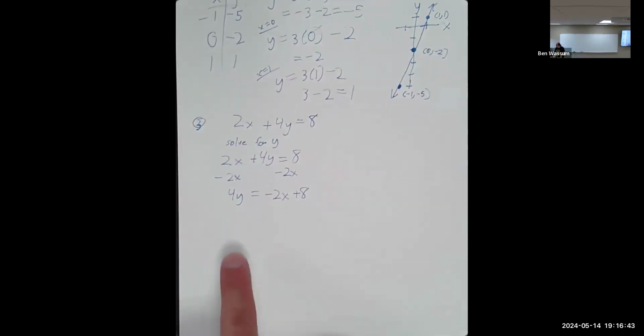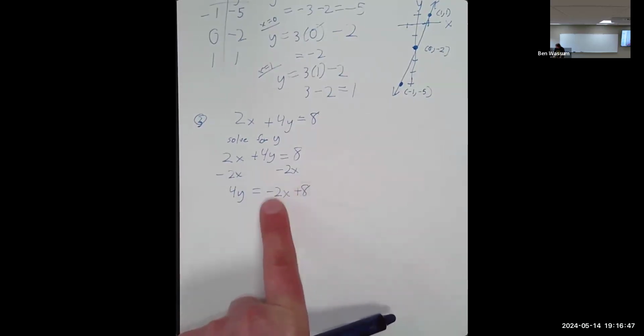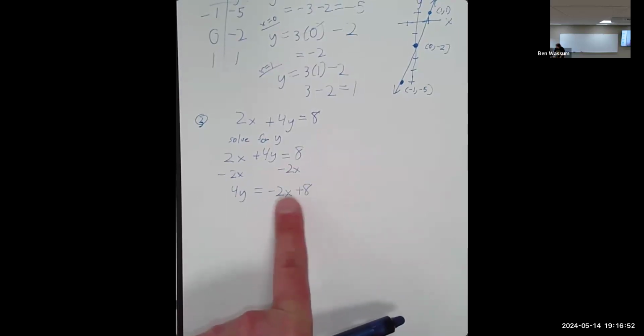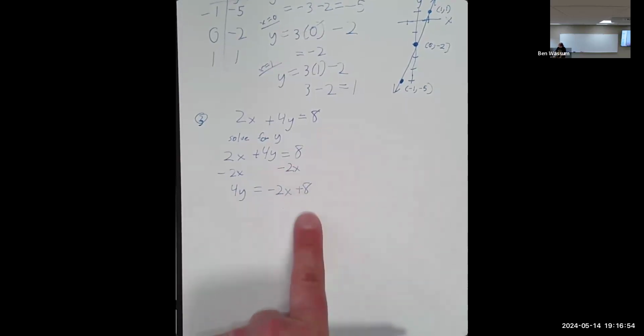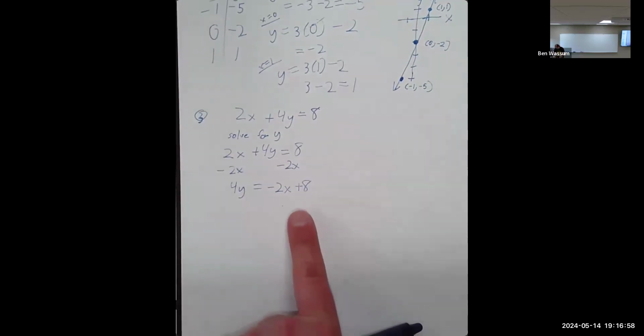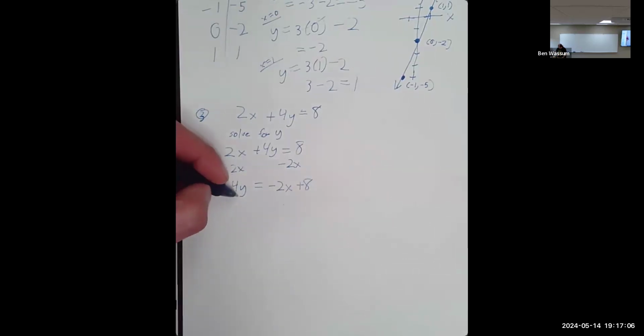So notice I didn't write 8 minus 2x, I put the x term first. And then since the 8 was already positive, I said it was negative 2x plus 8. There is a good reason for that, but we will see that in the next subject. This is going to make your life easier. It's just having the x term first. And then we divide by 4.